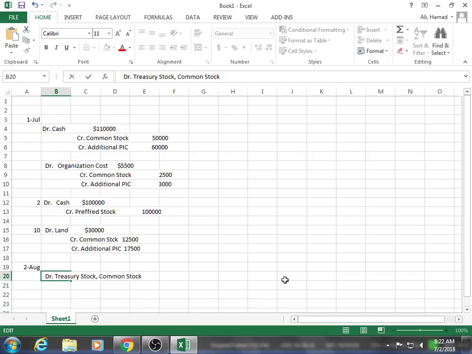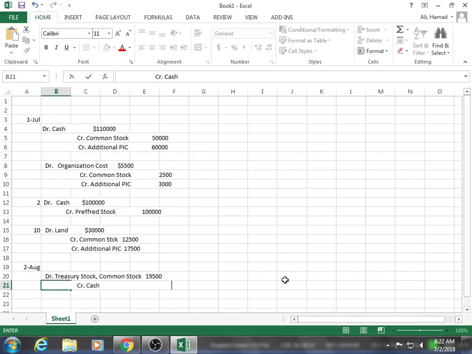They paid $13, correct? They paid 19,500. That's correct. And we credit cash. We credit cash for how much? 19,500.